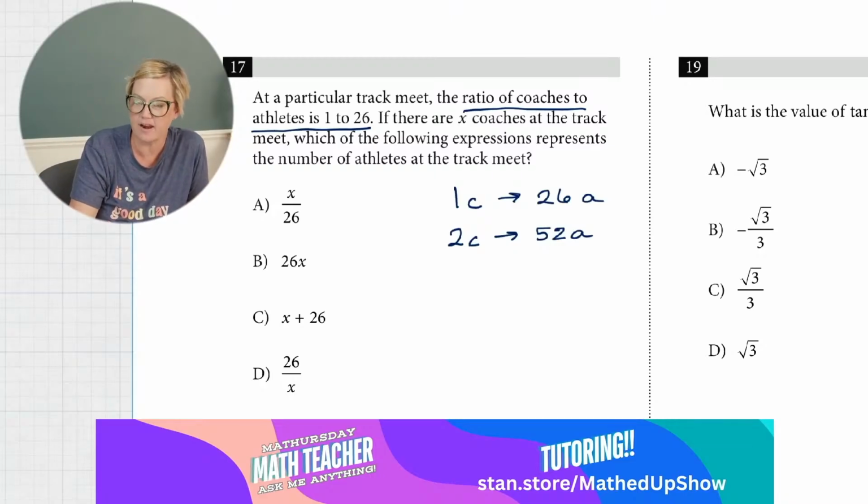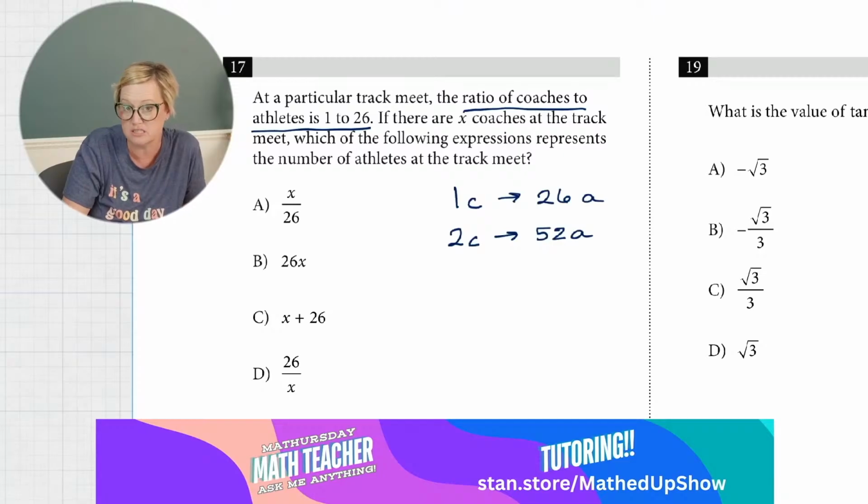As you look through that, you realize I am adding 26 each time there's an increase in the coach. Now that would kind of lead you to think that it's C. But if you plug in the numbers that you know, one coach is 26, 2 coaches is 52. If I plug in 2 here, 2 plus 26 does not give me 52.